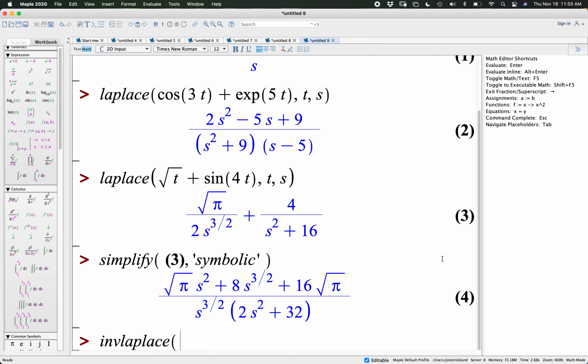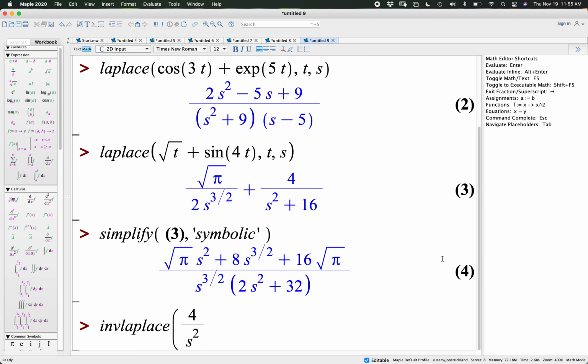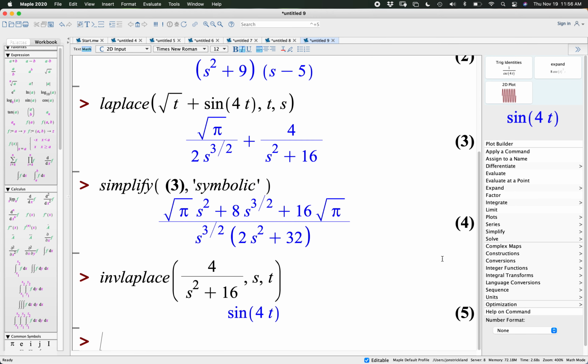We'll say we have 4 over s squared plus 16. So the Laplace you have in terms of s, the inverse Laplace we'll put in terms of t. And the result here is going to be the sine of 4t.